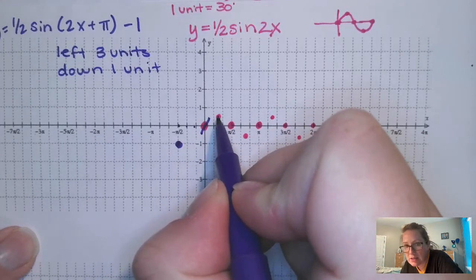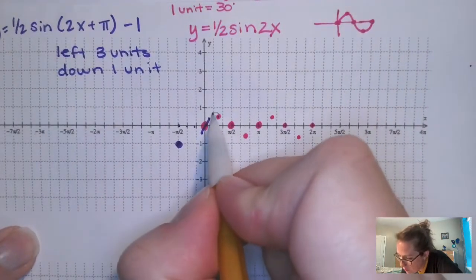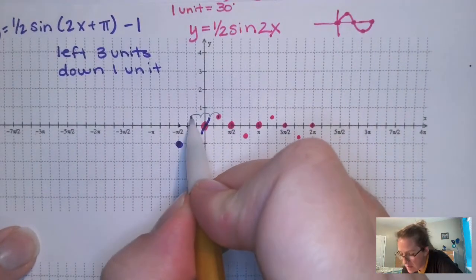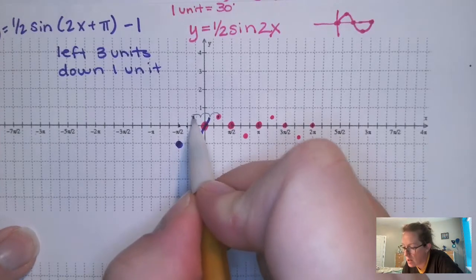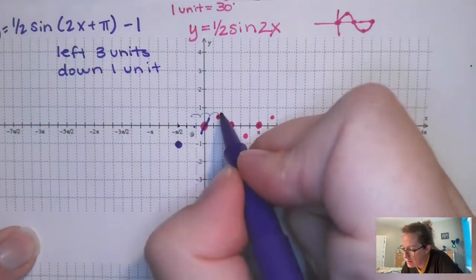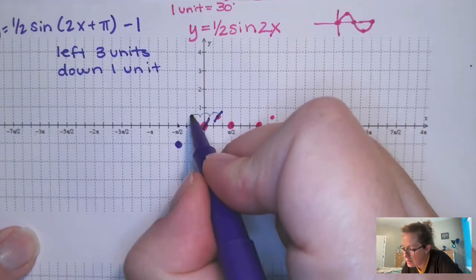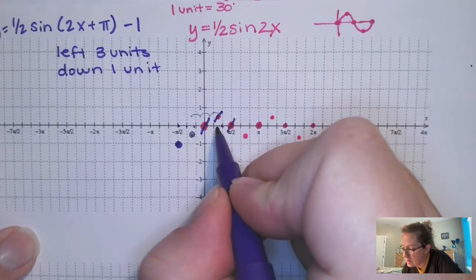This one's a little bit harder because it's in the middle, but that's okay. So we're going to say 1, 2, 3. You can just guesstimate it. And it's still in the middle because it's at a half. So we're going to go down 1. That's going to put us at negative a half. Cross it off when I move it. Left 1, 2, 3.